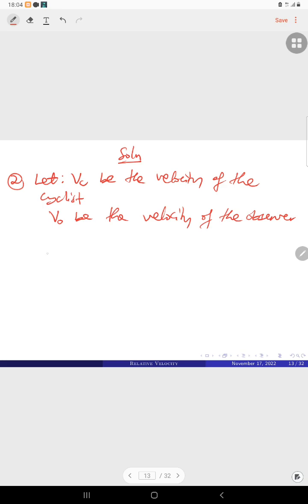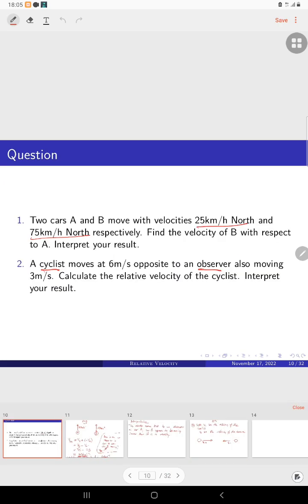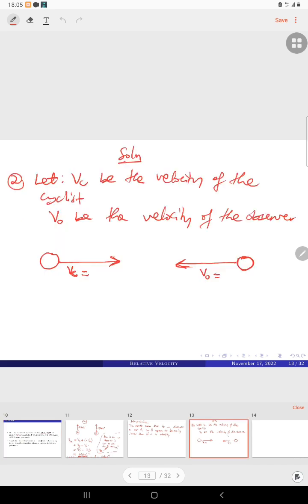According to the question, the cyclist and the observer are moving in opposite direction. So this is VC, and let me say this is VO. Here the direction wasn't specified, so you can choose whichever. The cyclist is 6 meters per second and the observer is 3 meters per second.